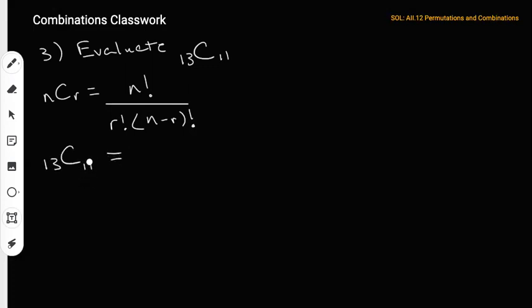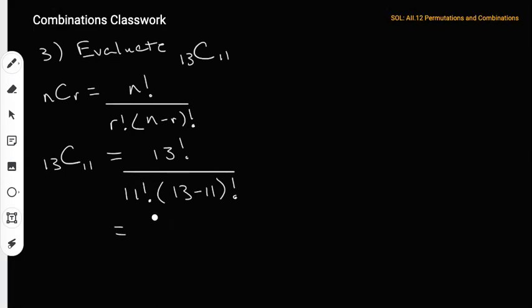So we're going to have n be 13. So we're going to have 13 factorial on top. Then we have to have r factorial. That means I'm going to have 11 factorial. And then in parentheses, I'm going to have 13 minus 11 because I have to subtract them, and then put the factorial on the outside.